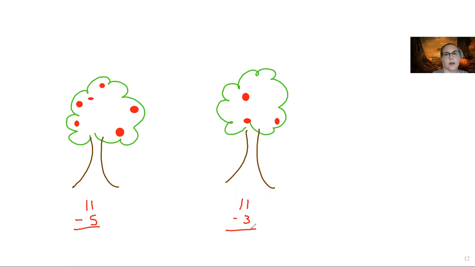Let's take a look at what we would do on a number line. Last time we worked on a number line, we went up from least number to the greatest. Now we're going to be going backwards. So we're going to be starting at 11 at the tippy top of our number line, and then we're going to work backwards.